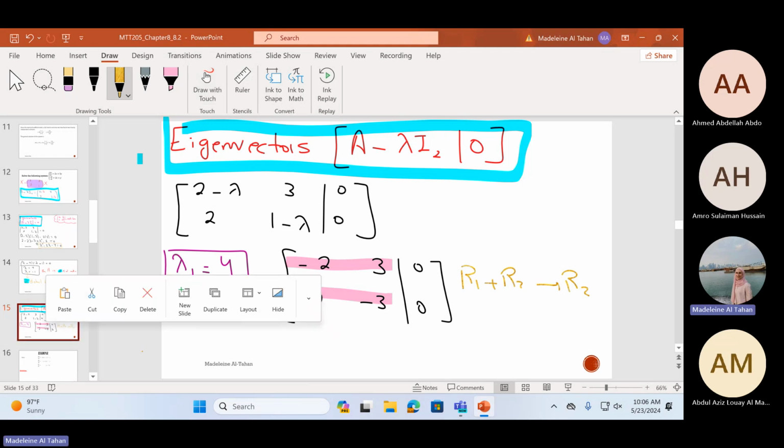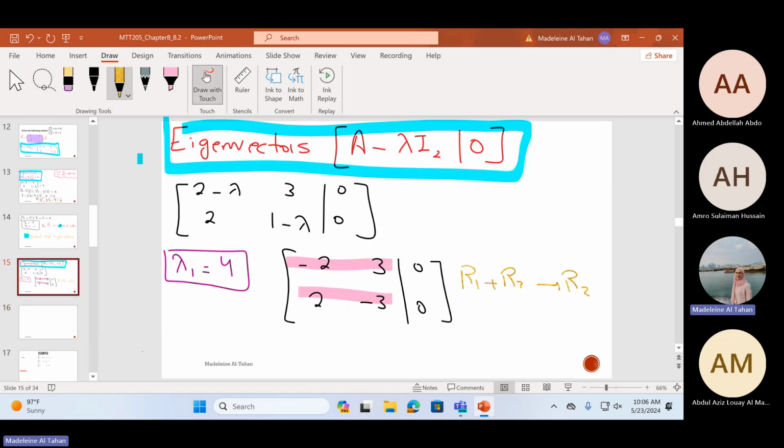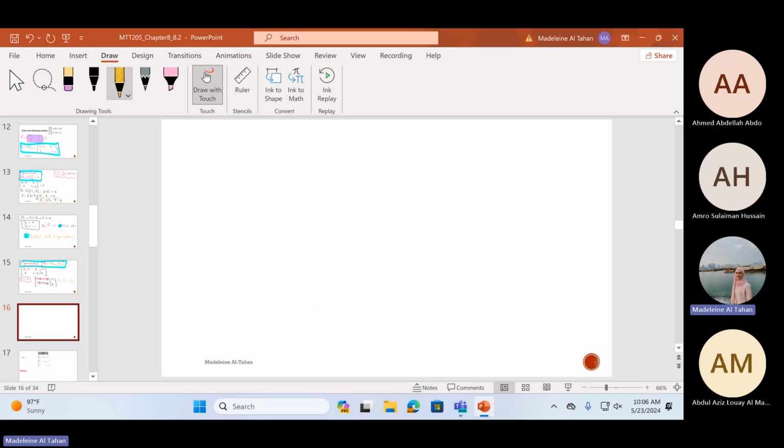What will be the new matrix now? -2, -2, 3, 0, 0, 0. Is it row echelon form now? -2, 3. This one has a free parameter.